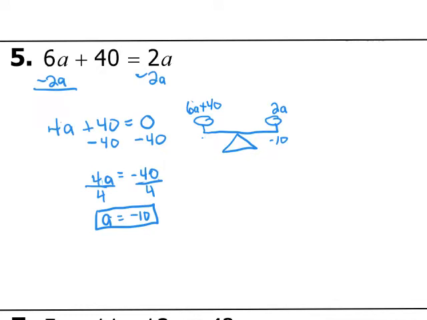So if I put a is equal to negative 10, negative 60 plus 40 is negative 20, and then if I come over here and I put in negative 10 times 2a, is also negative 20. Now we got negative 20 equals negative 20.